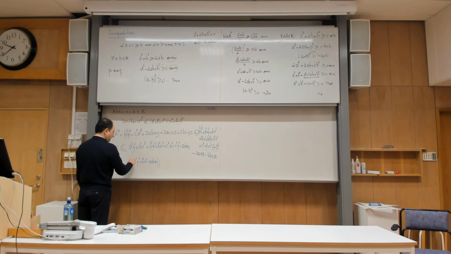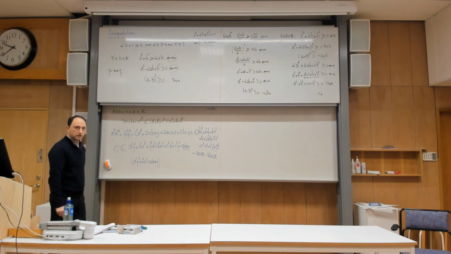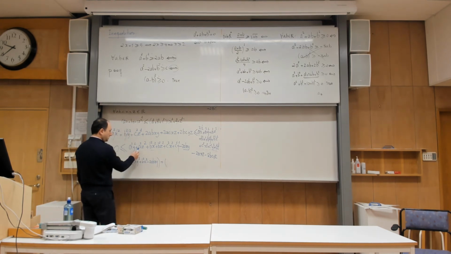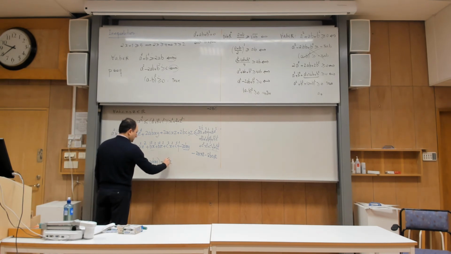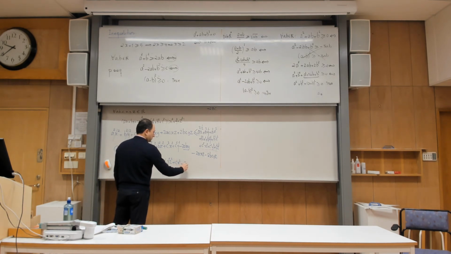Okay, I think this is working now. So you are taking this one and that one and putting them in one group. And then you take the other, a squared z squared, and then c squared x squared, minus 2acxz.